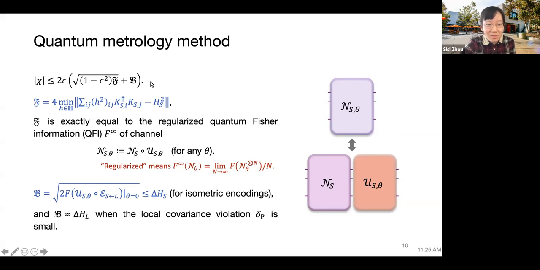So this is the explanation of this expression, but I haven't described how to derive it, how to connect chi with epsilon using quantum metrology.